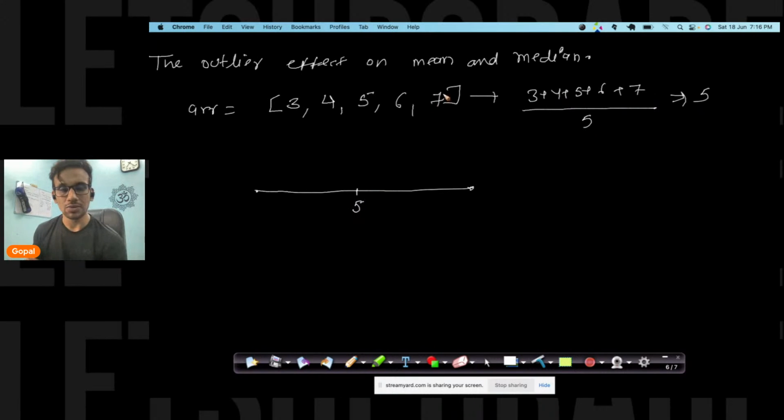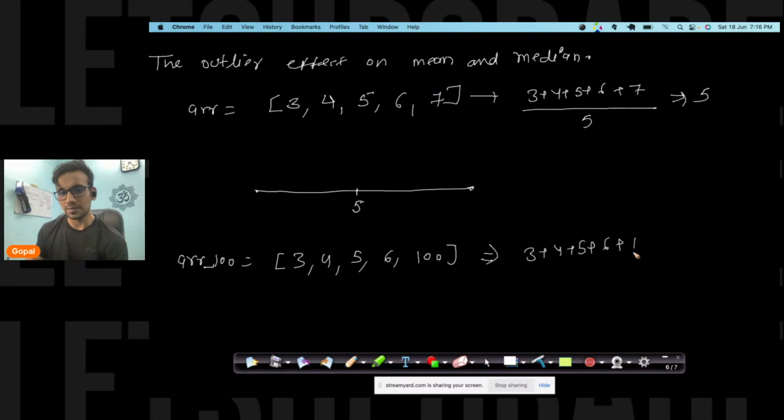Let's actually introduce an outlier. Instead of having 7, let's add 100 here. So array underscore 100 with an outlier, of course: 3, 4, 5, 6, and 100. So this value will be what? 3 plus 4 plus 5 plus 6 plus 100 divided by 5 again.